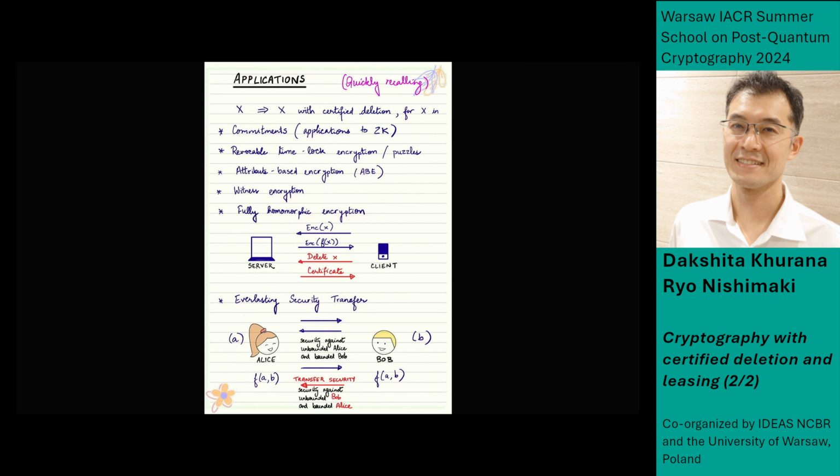We just commit to c and b prime instead of directly committing to b. We can also use other encryption algorithms like attribute-based encryption, fully homomorphic encryption, or witness encryption.